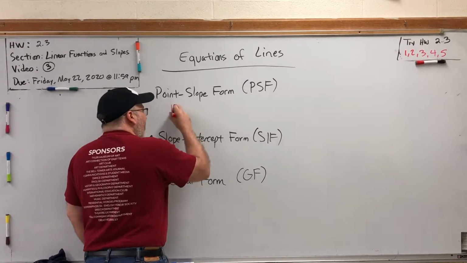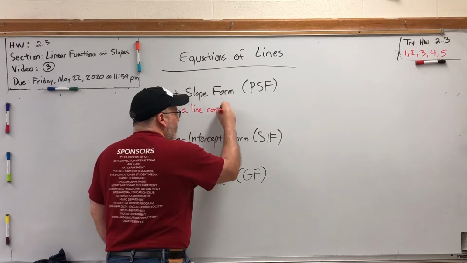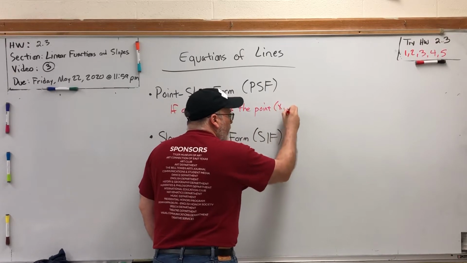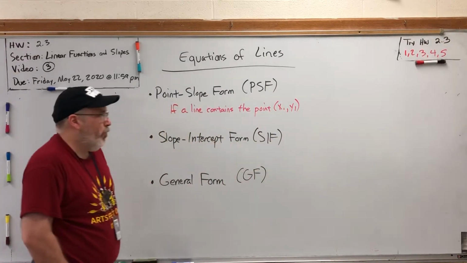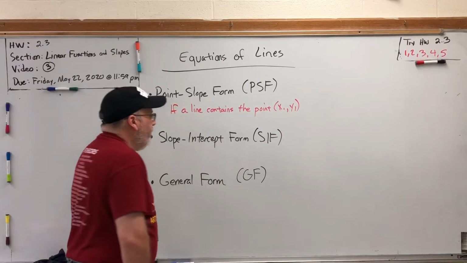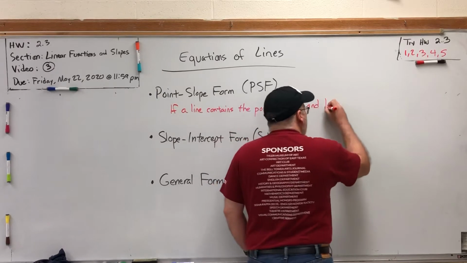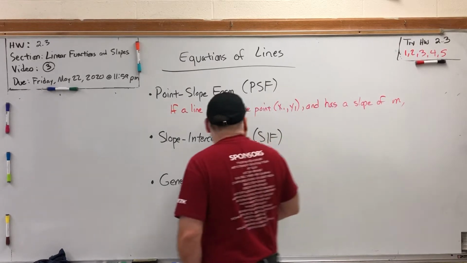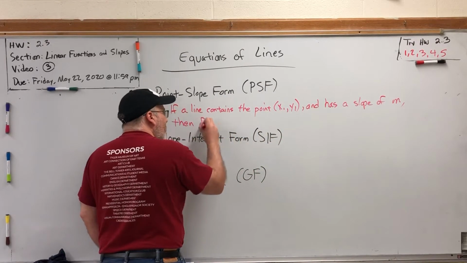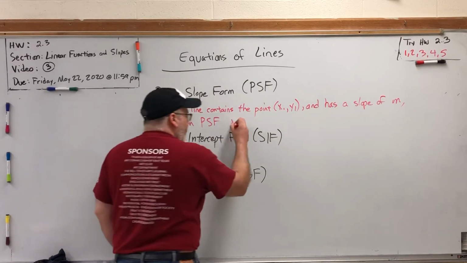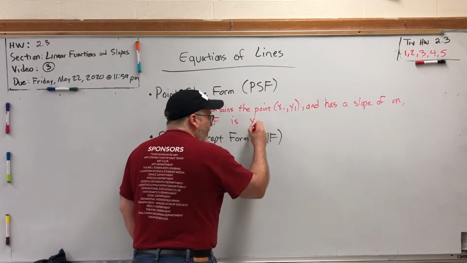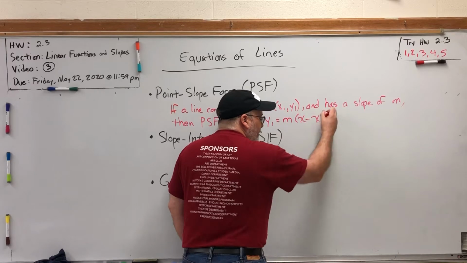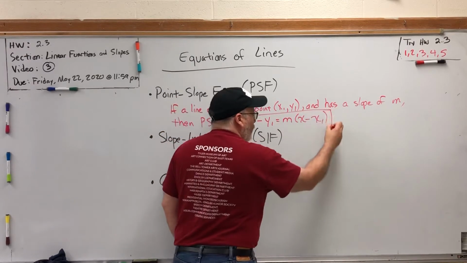So, if a line contains the point x1 comma y1, so it's a specific point generically, and has a slope of m, then the point-slope form of the line is y minus y1 equals m, open parentheses, x minus x1. That is called point-slope form.